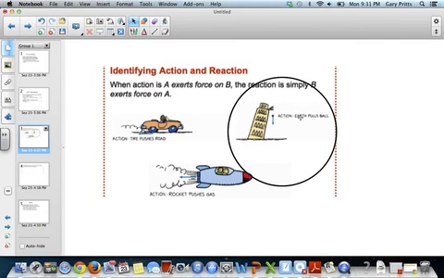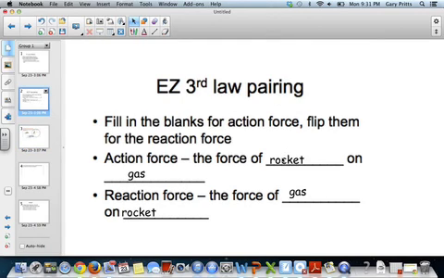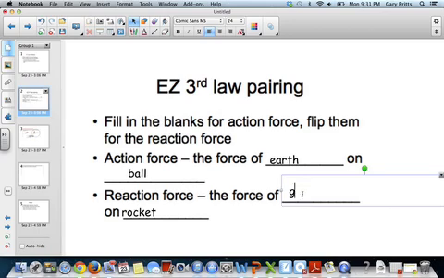Our last one here is if you have the Earth pulling on a falling object, okay, it's pulling on a ball. That means that your action force is the force of the Earth on the ball. And so your equal and opposite force is actually the force of the ball pulling on the Earth.